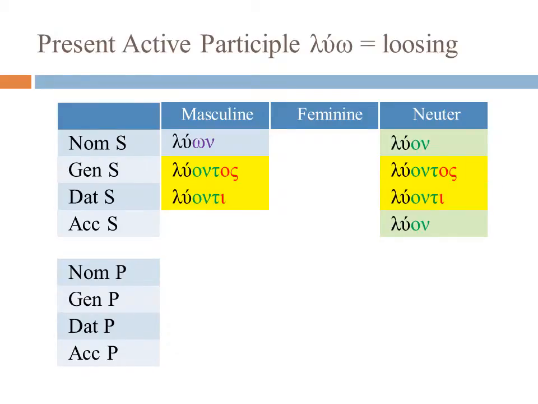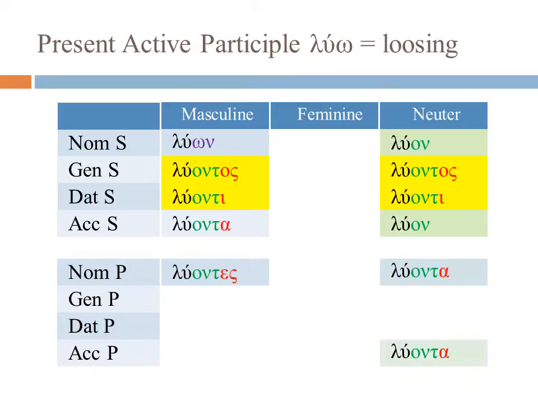The dative is luonti, both for the masculine and the neuter, as we would expect. Luonta, the masculine. Nominative plural. Luontes, that epsilon sigma. And the neuter is the same in the nominative and accusative, luonta, and accusative luonta, ending in the neuter.